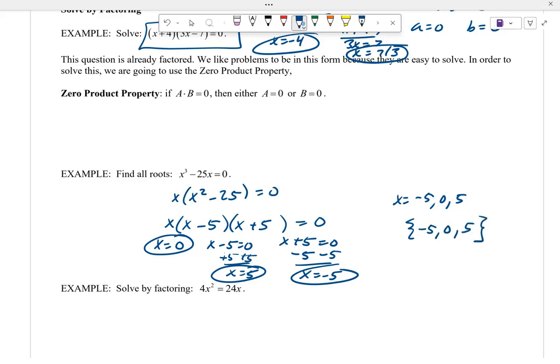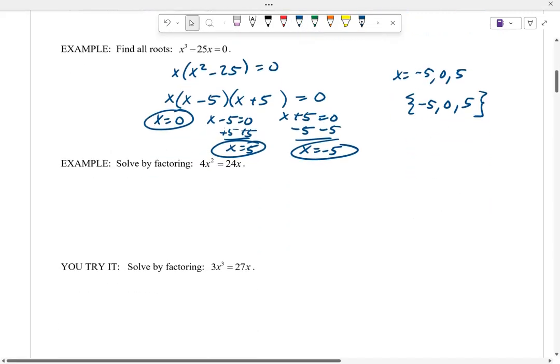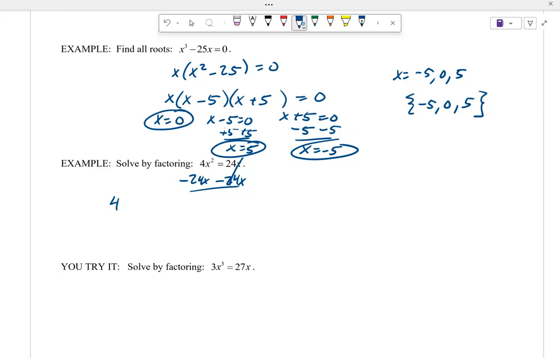Okay? If we're solving this next one by factoring, or in other words, finding our roots, make sure you get one side equal to 0 first. Notice here I do not have one side equal to 0, so let's take that over before I start factoring. And then I say, well, what can I factor out? I could take a 4 and an x out of each of those.